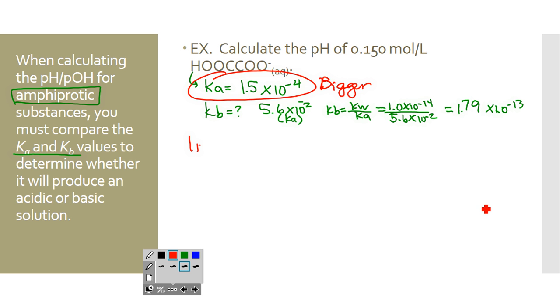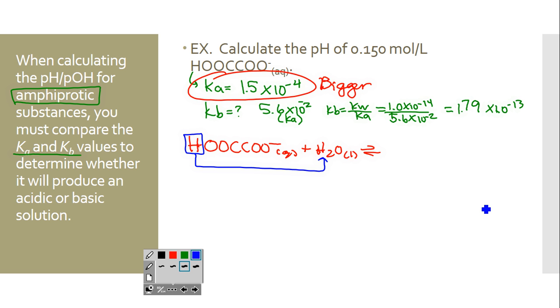So when I write the reaction with water, it's equilibrium because this is certainly not a strong base. I'm going to write it as though this is donating a proton to water.